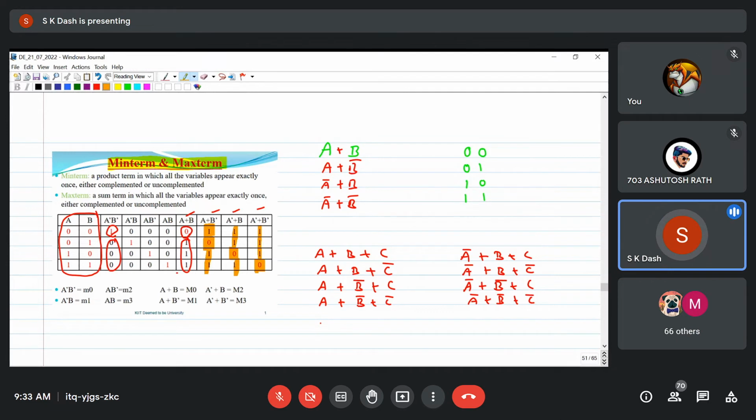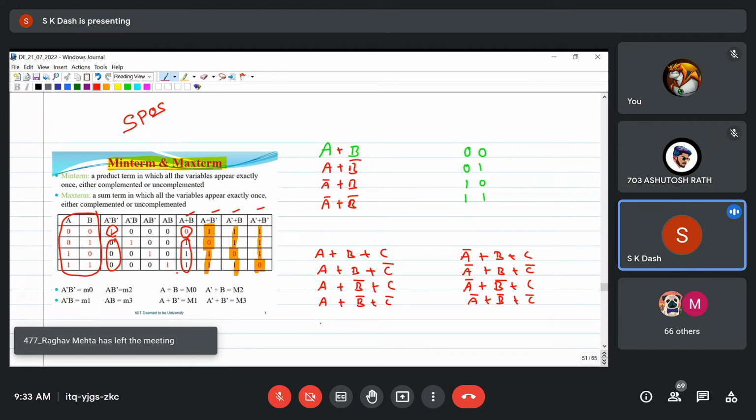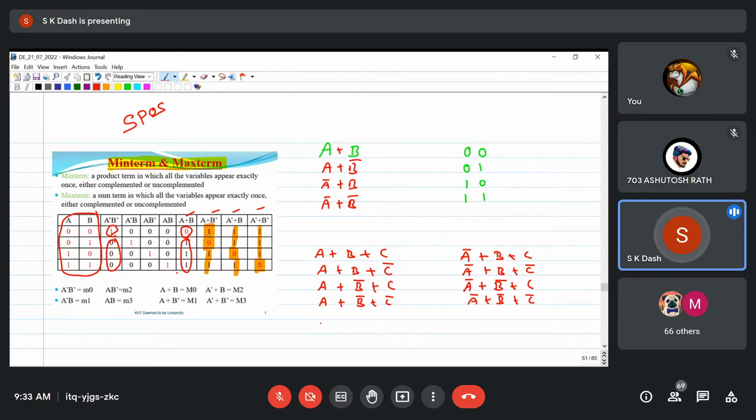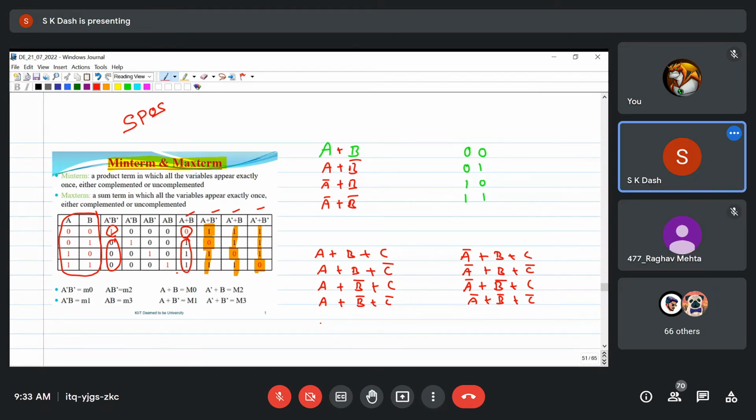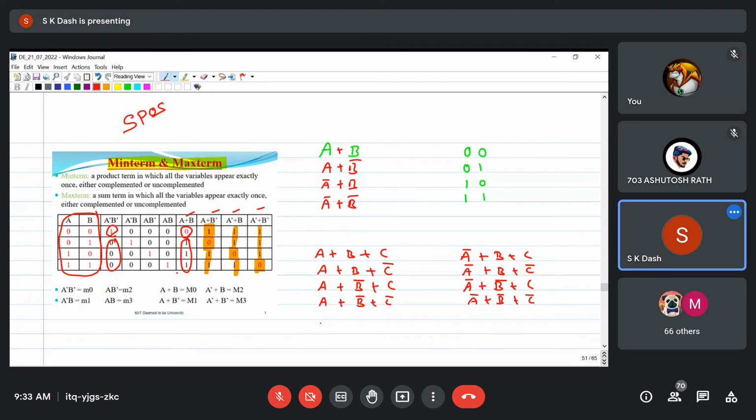When we are dealing with sum terms, the expression will be in terms of standard product of sums. Your sum terms will be multiplied. Multiplied means it is nothing but an AND gate, logical multiplication. What is the definition of an AND gate? If any one of the inputs is 0, then the output will be 0.